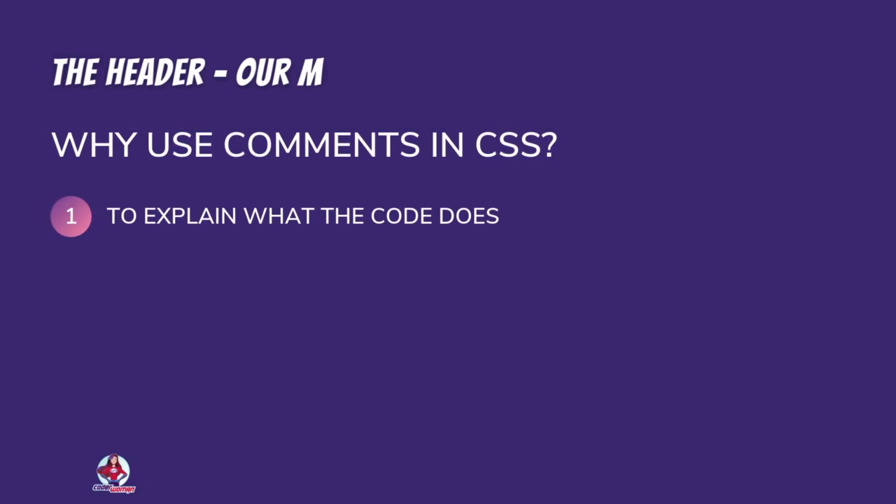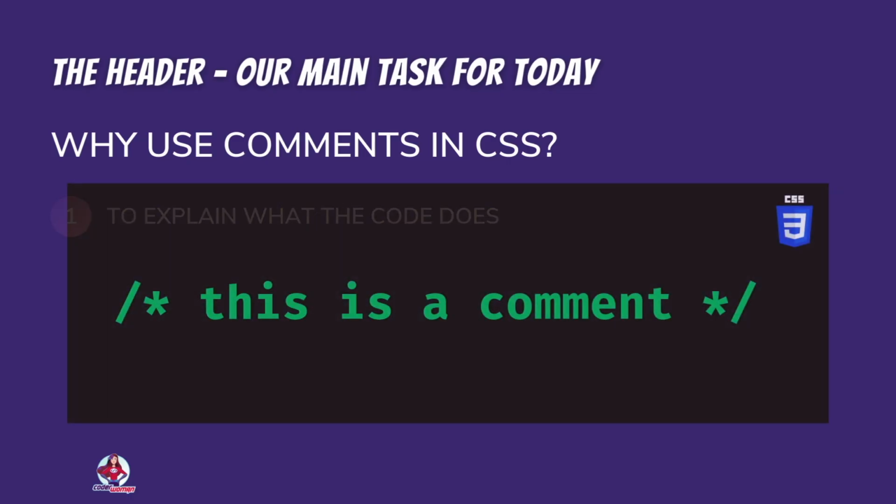Comments are especially helpful when our code base grows. It's also good practice to use comments when you want to explain to other developers what your code does. We will write a lot of code during this challenge, so it's a good idea to start adding some comments now. How do you write comments in CSS? Here's an example.